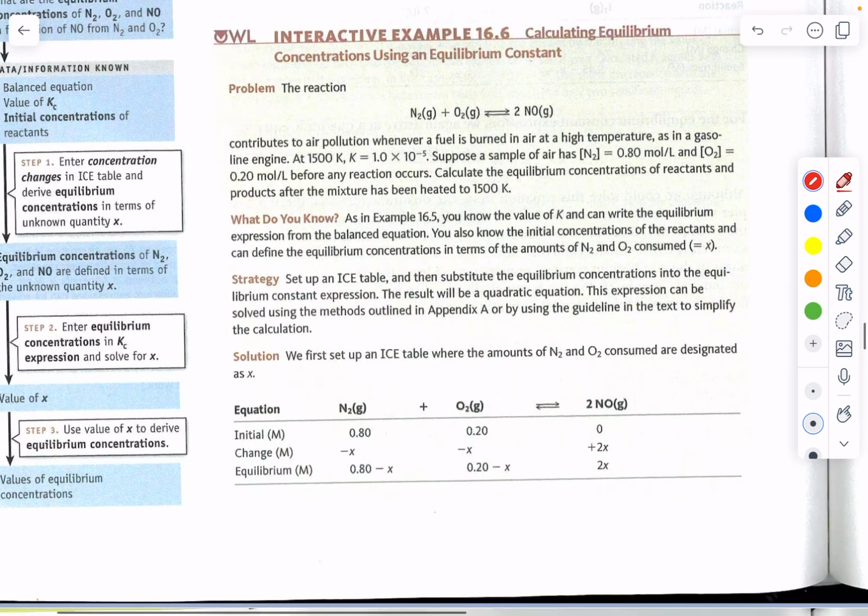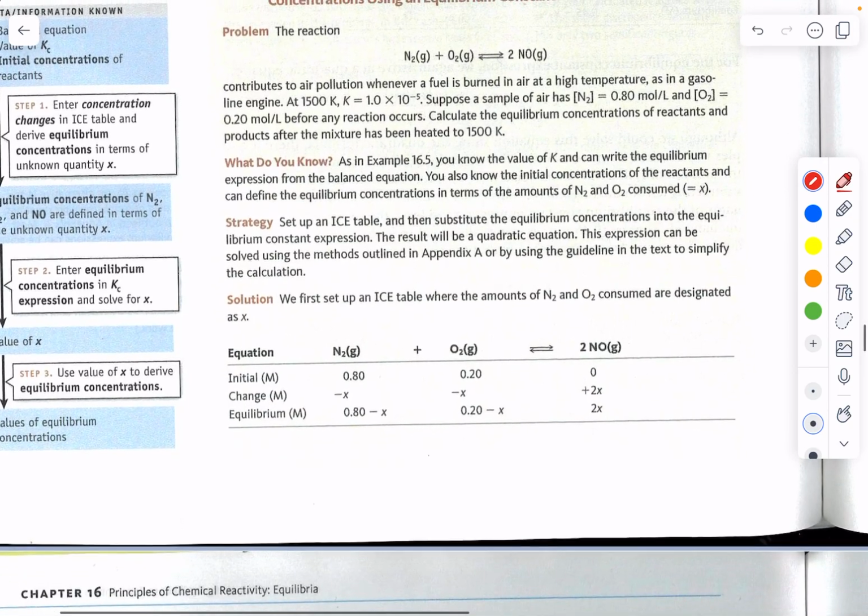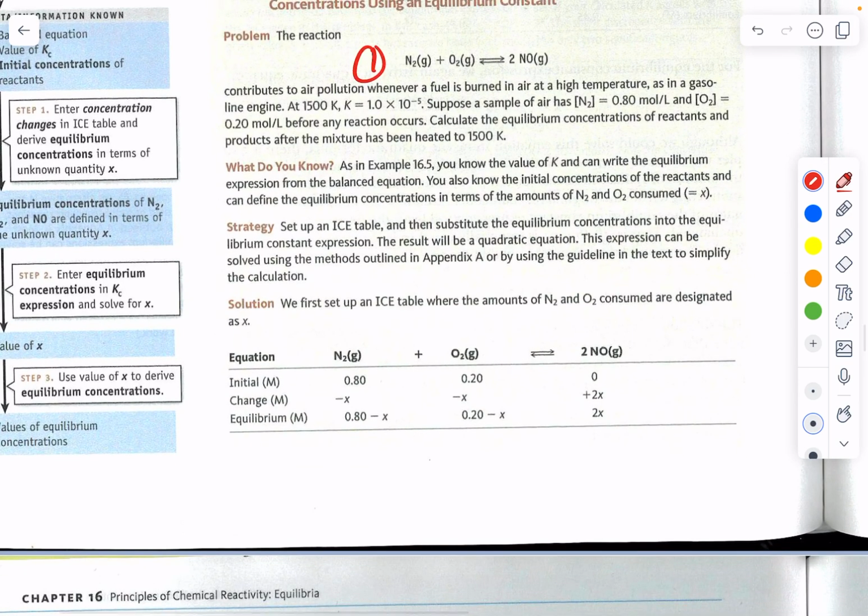So if we take a look at this problem right here, my equation, my ice chart, I'm given this, this, and this. Now I'm going to do the math, remembering I need my stoichiometry of a 1:1:2 ratio, minus x, plus 2x.